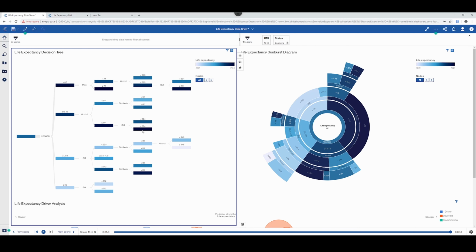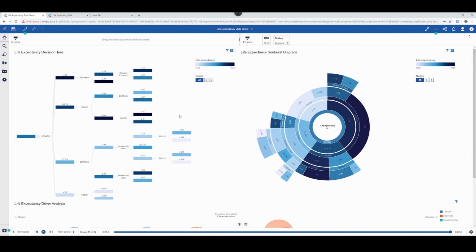Just because if we look at how it splits it out, for example, here in this case, it's saying if body mass index is greater than 22, you have a higher life expectancy than if your body mass index is less than 22. So let's go ahead and remove these.